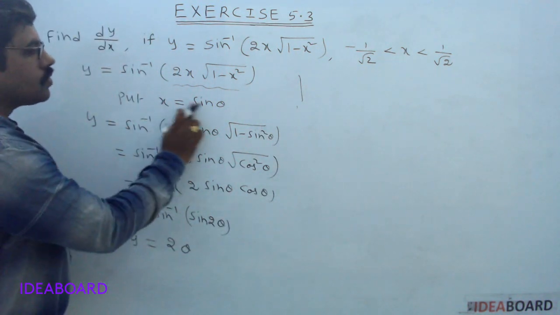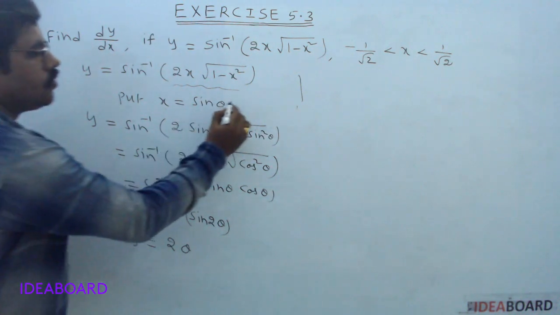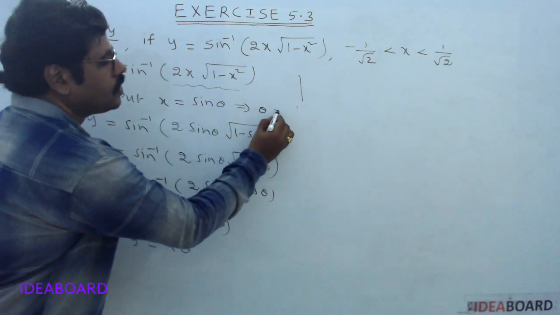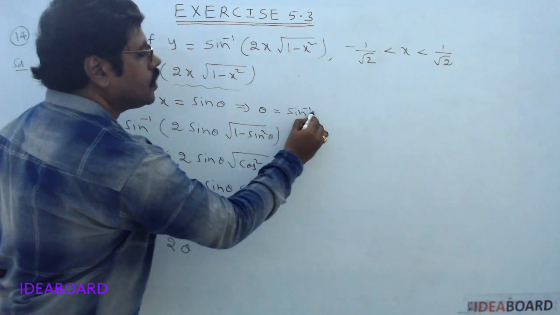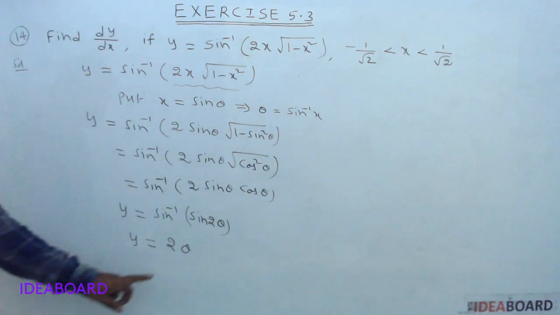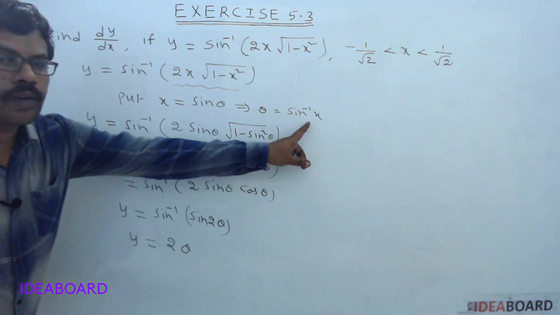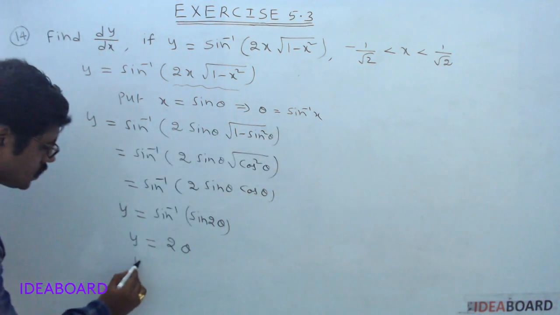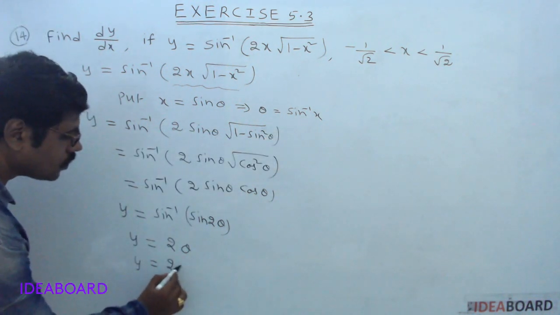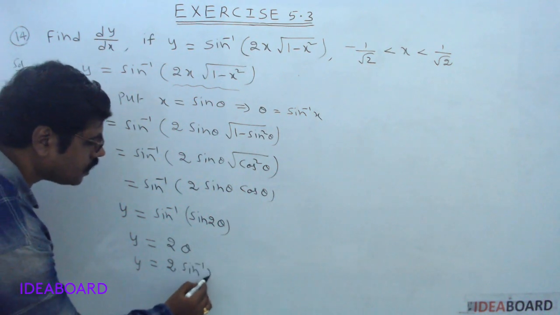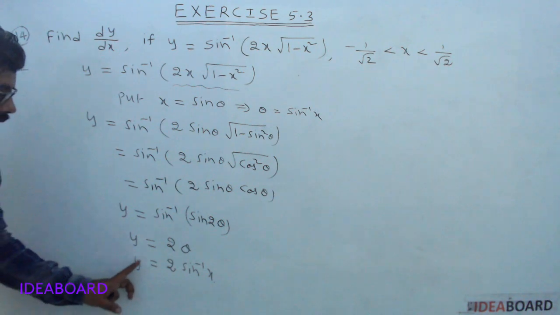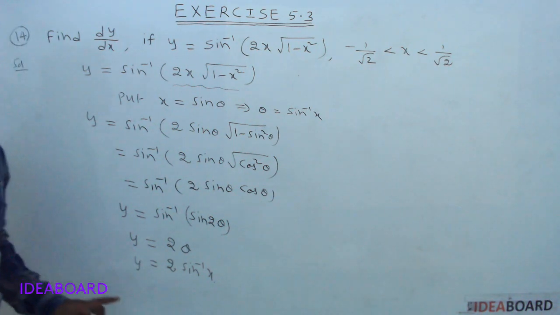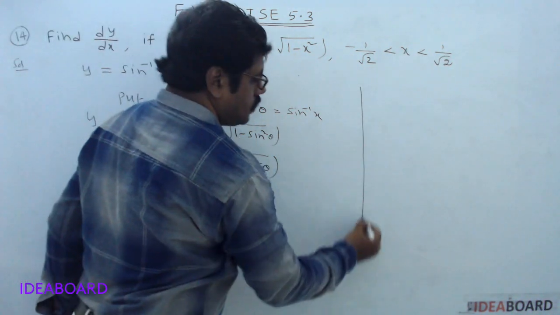Now here x equals sine theta. From this, what is the value of theta? Theta equals sine inverse x. Now instead of theta, write down the value sine inverse x. So y equals 2 into sine inverse x. Now differentiate this equation on both sides with respect to x.